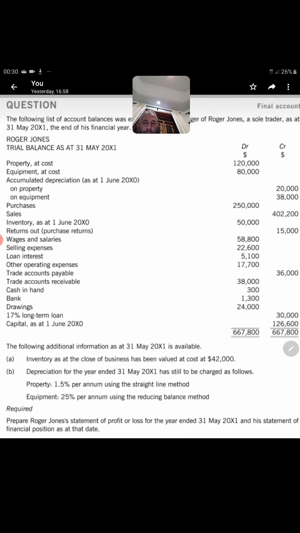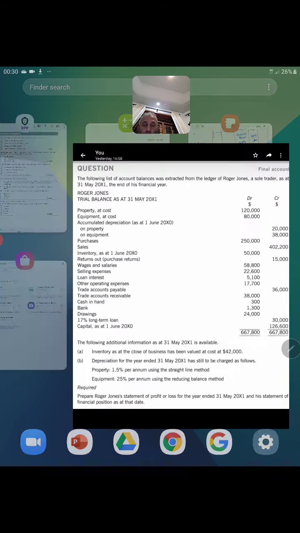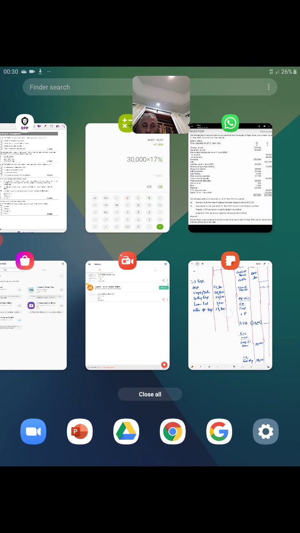And then 17% long-term loan 30,000. That's a non-current liability. And the very last item, capital 126,600.